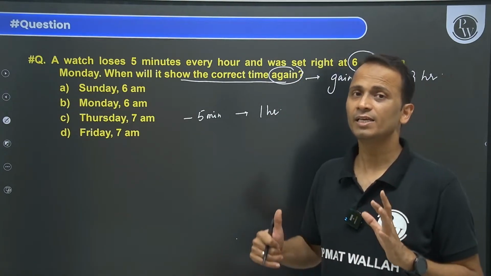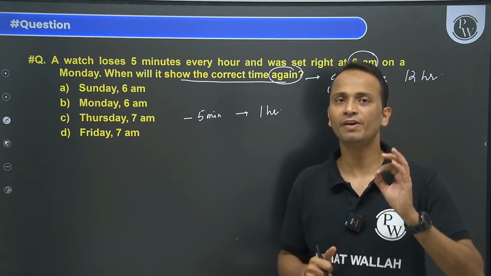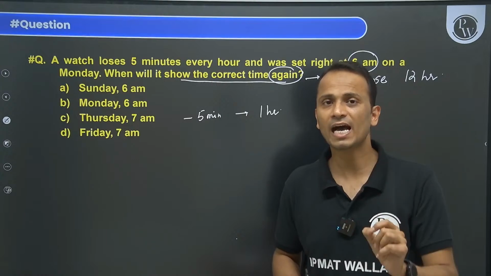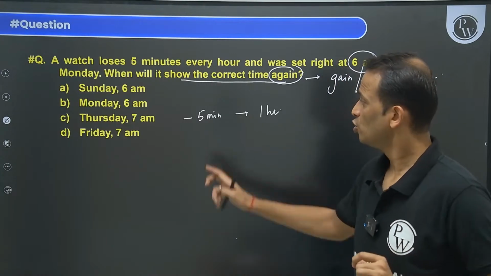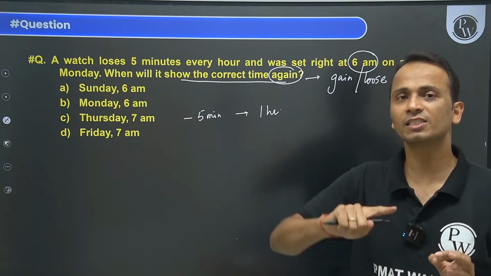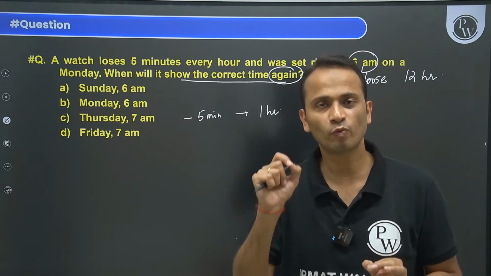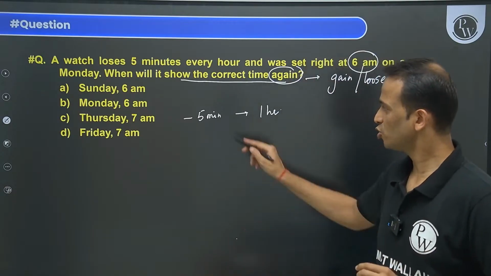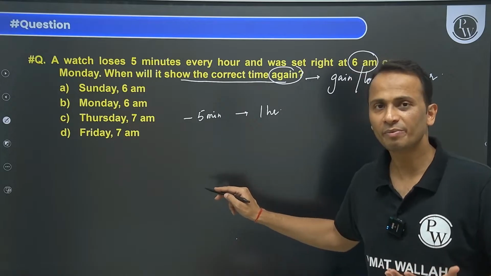सो अभी हमने देखा है कि करेक्ट टाइम दोबारा से कब शो करेगी, व्हेन इट विल लूज एंटायर 12 आवर्स। तो 5 मिनट लूज करती है 1 आवर में, सो इन हाउ मेनी आवर्स इट विल लूज 12 hours, right? So let's use unitary method.